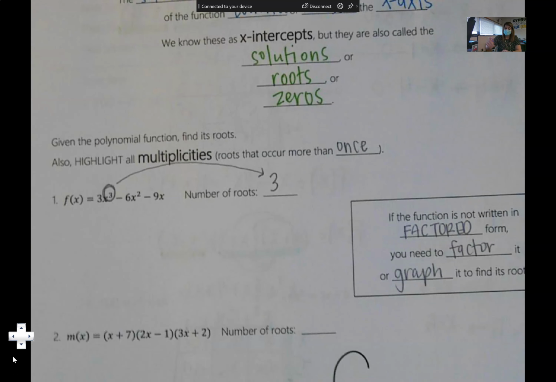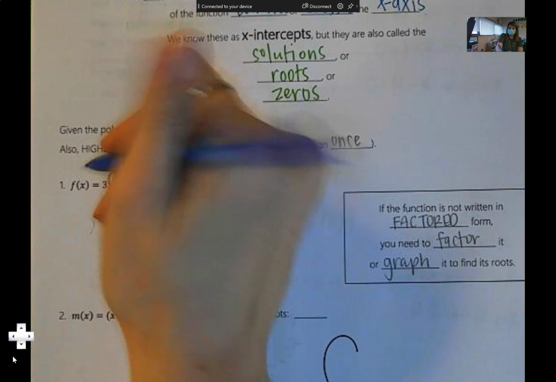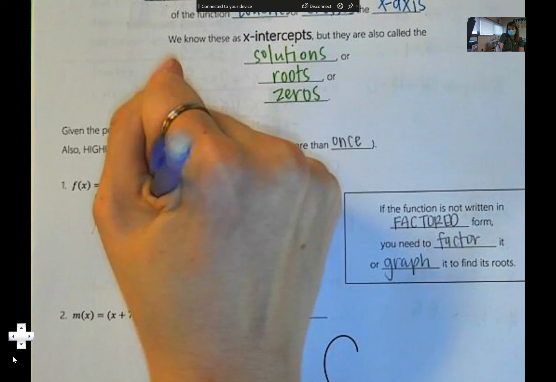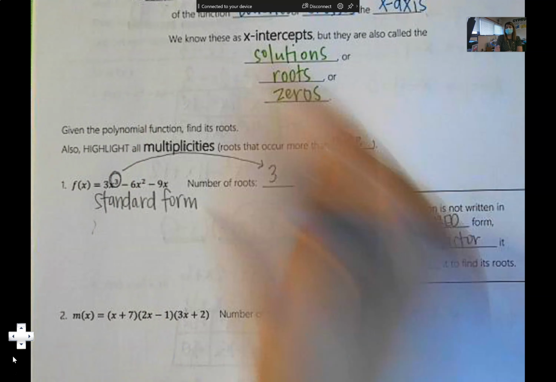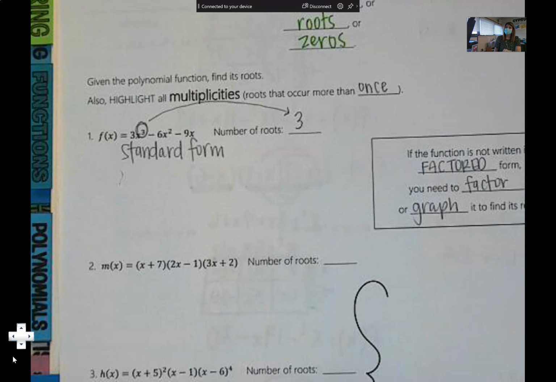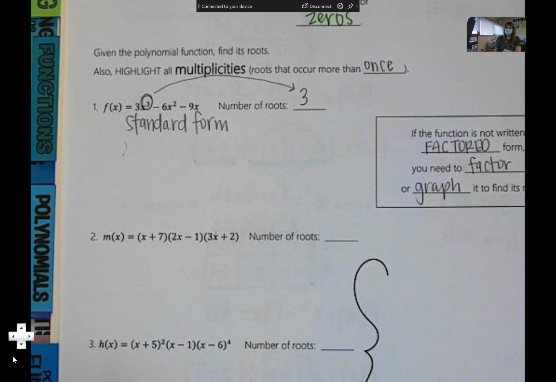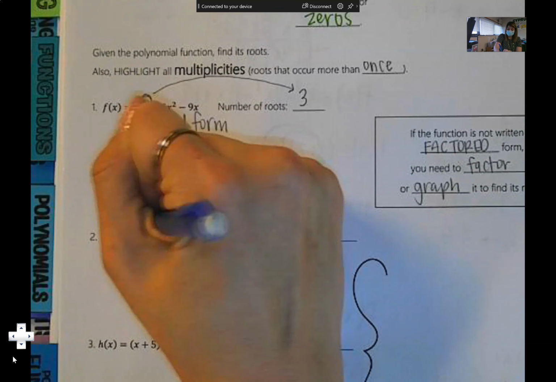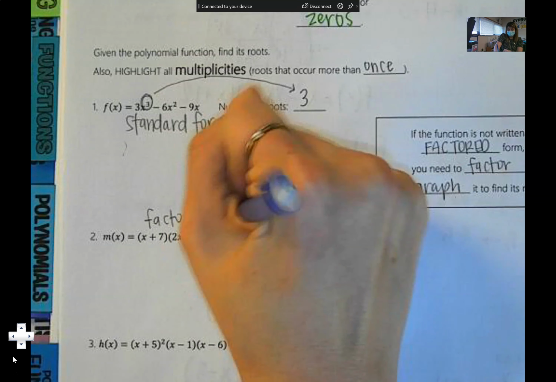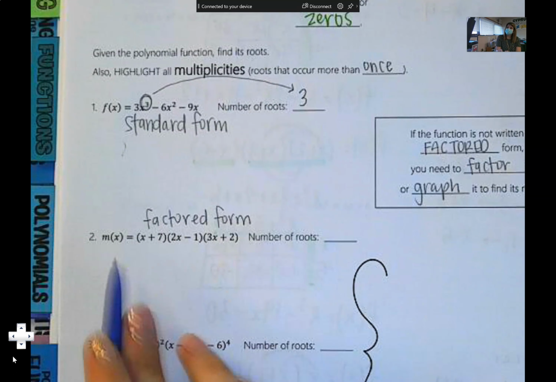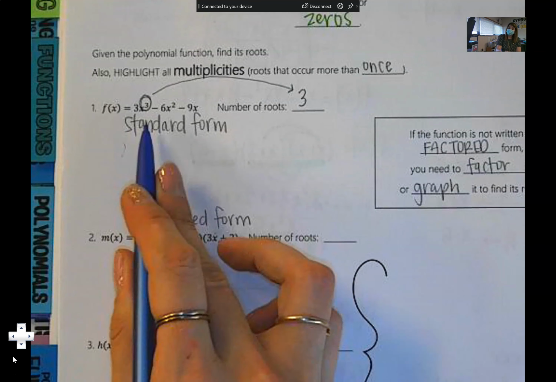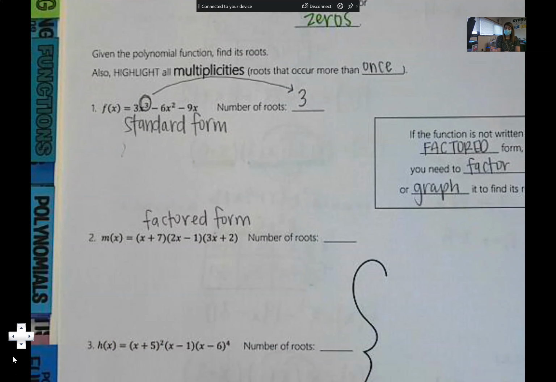So this one is not in factored form. This is standard form, which means we got to factor or we got to graph. But luckily, the next two are in factored form. So number 2 is in factored form, meaning it's written as different polynomials being multiplied together. This is not factored, this is factored.